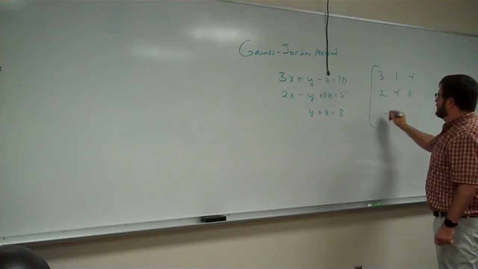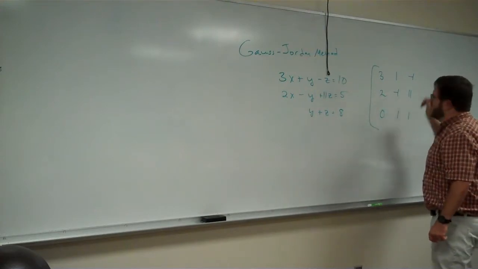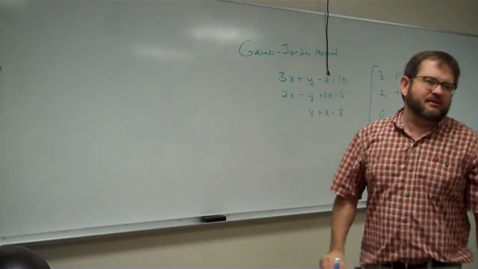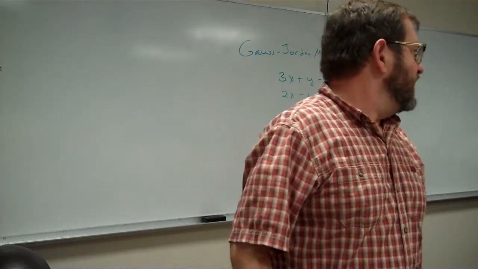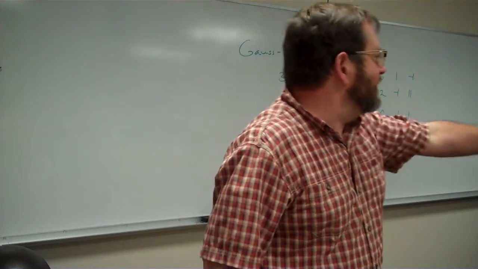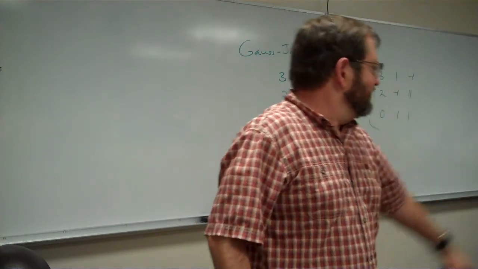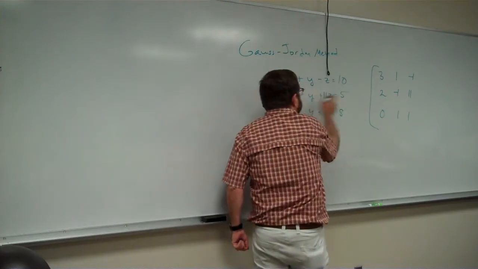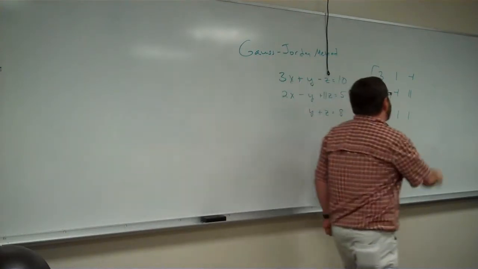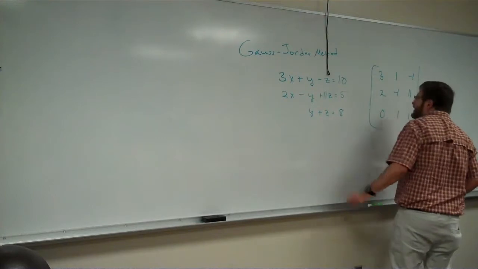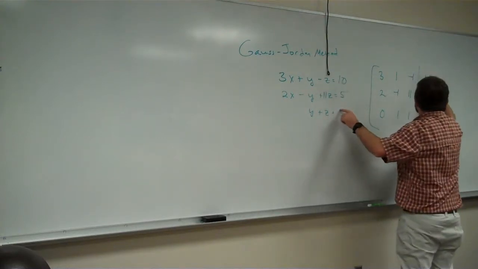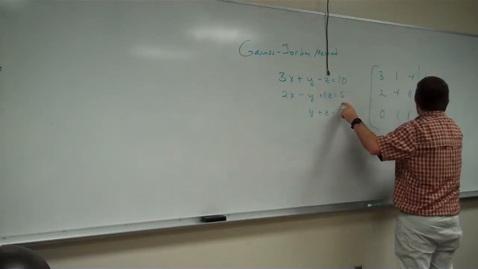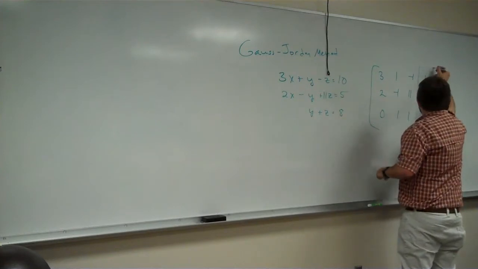You might remember that there were all kinds of examples of doing this back in pre-calc. MJ, there's a point in the future in which you will remember having done this in pre-calc. But you just put them into rows and columns of a matrix. And then we drew a line and we put these numbers: 10, 5, 8.